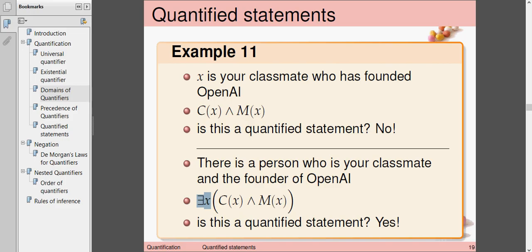Here he told me that X is a classmate and founded OpenAI, so we use AND, but it's not a quantified statement. So: classmate and founded OpenAI. Here he said there is at least one person who is a classmate and founder of OpenAI. So we write classmate and founder of OpenAI and add at least, there exists. So yes, it's a quantified statement, because it's an existence statement.